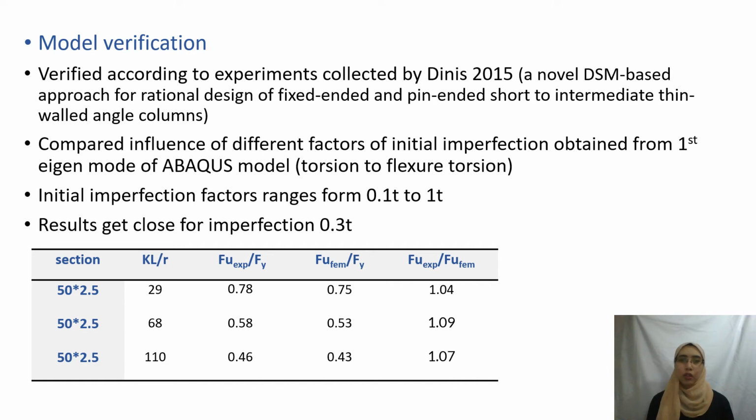The experimental and numerical results are almost the same for 0.3 T, with F ultimate experimental over F ultimate finite element model ranging from 4 to 9%.